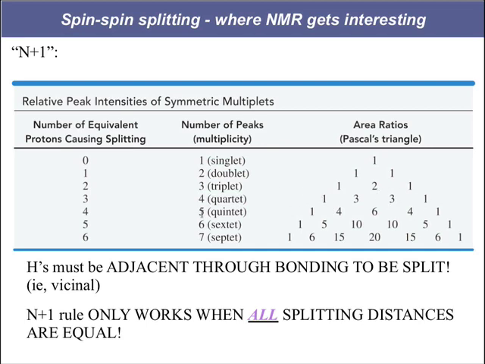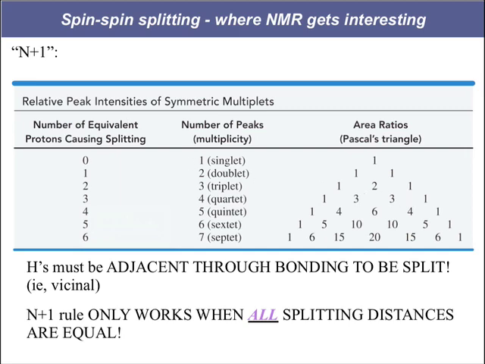If you go and figure out all the ways that you could have 4 spins aligned from 4 neighbors, up, up, up, up, down, down, down, down, and all the combinations thereof, you have 1-to-4 to 6 to 4-to-1.